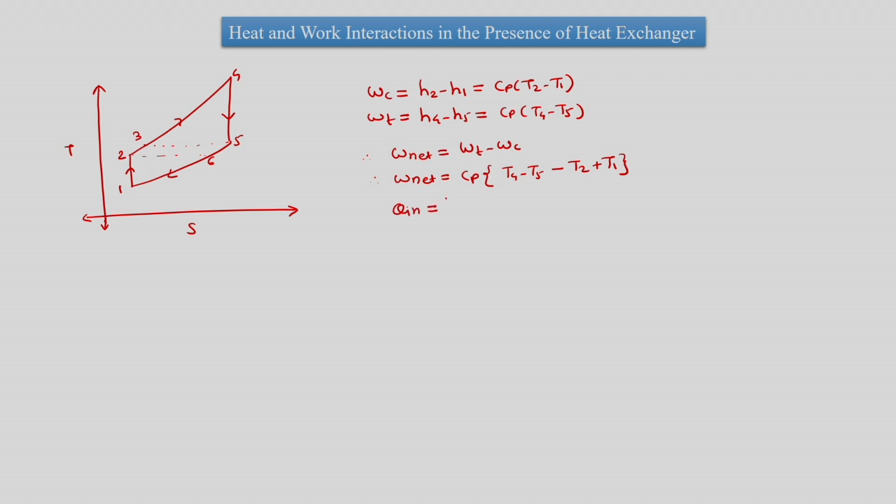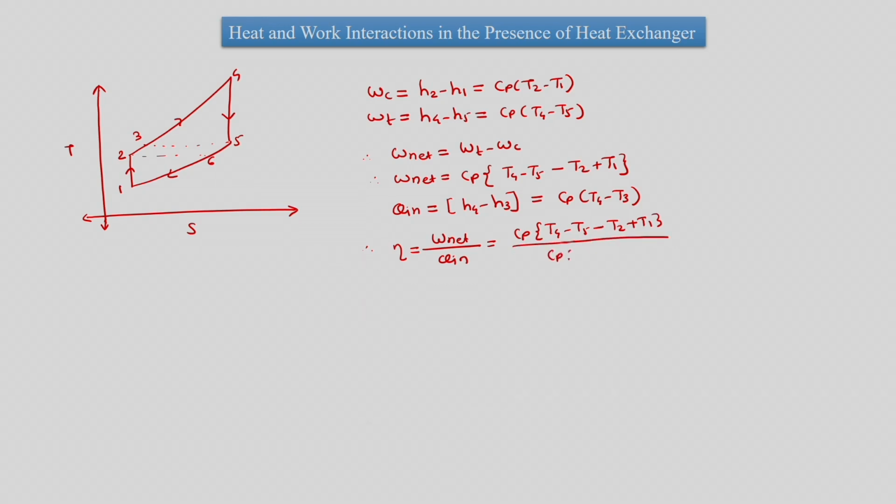The thing which alters is Qin, and Qin is equal to H4 minus H3, and then that is equal to Cp into T4 minus T3. So this alters the efficiency, which is W net upon Qin, and W net is equal to Cp into T4 minus T5 minus T2 plus T1 divided by Cp into T4 minus T3.